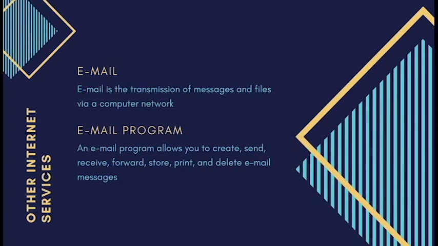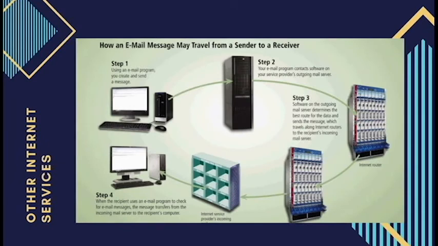And then we have next how an email message may travel from a sender to receiver. So using an email program, you create and send a message. Then your email program contacts your service provider's outgoing mail server.